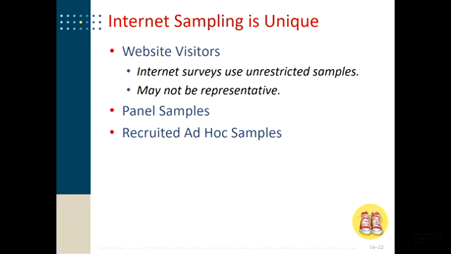So can anyone tell me any of the advantages of using internet sampling? Quick response. Okay. Probably your required sample size may be met within a couple of days, or even within a day. So you can quickly finish your survey. That's a good point. Anything else?